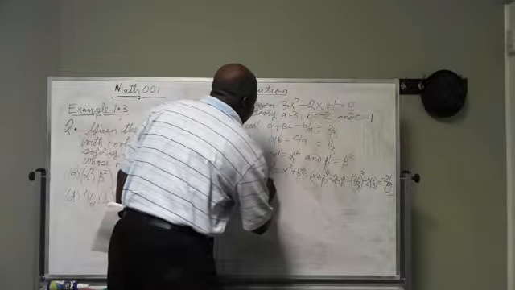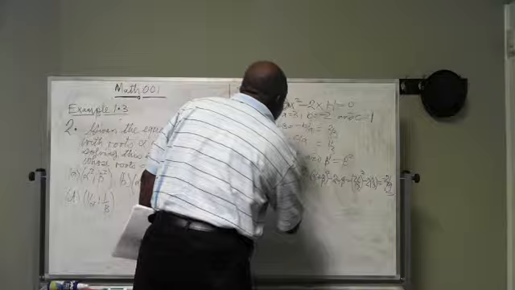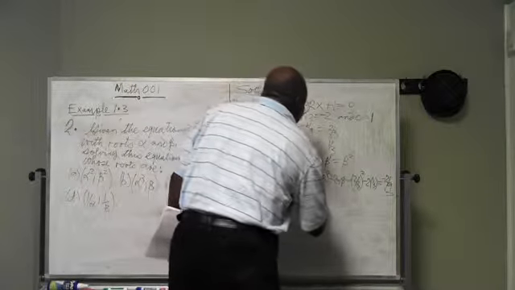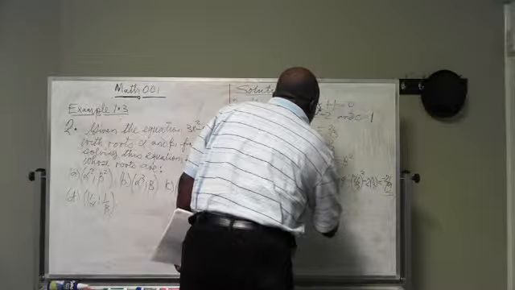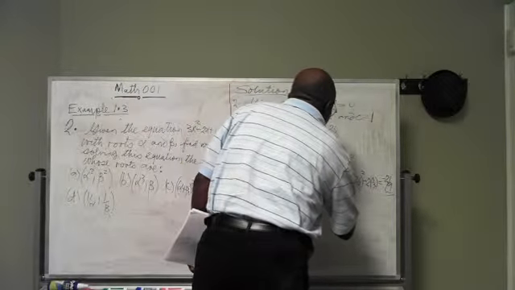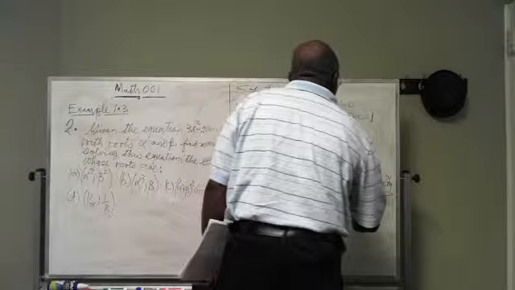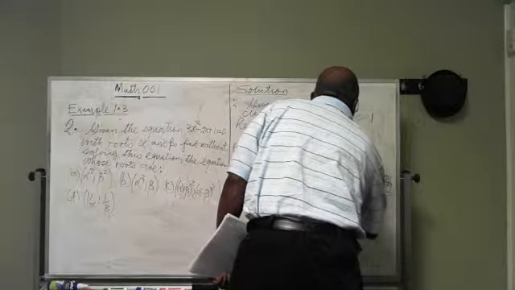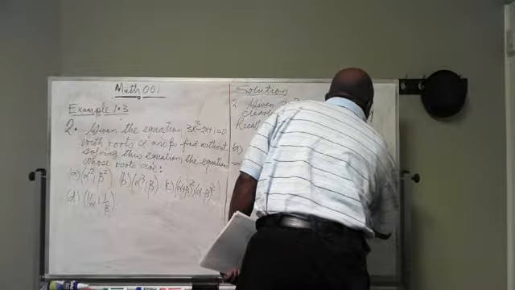Alpha prime beta prime will be equal to alpha squared beta squared, which is equal to alpha beta all squared. This gives us 1 over 3 all squared, which is 1 over 9.